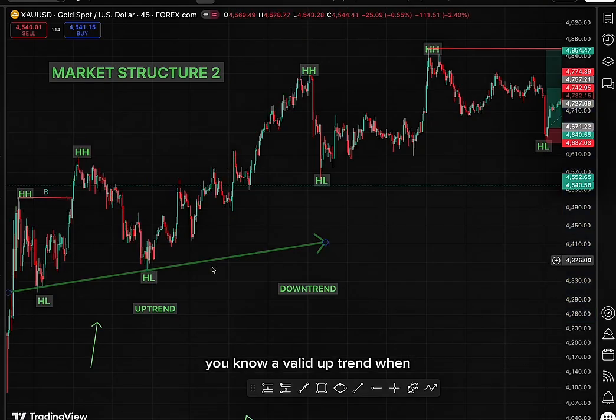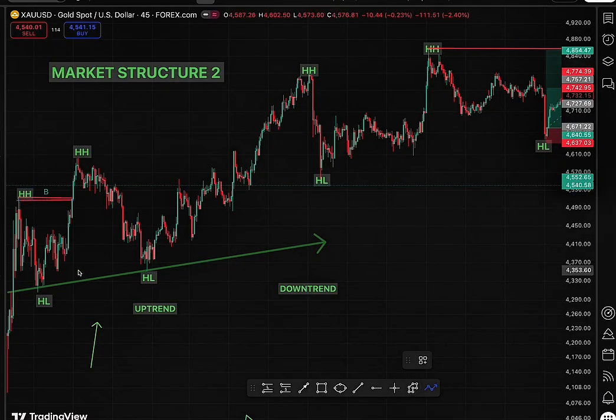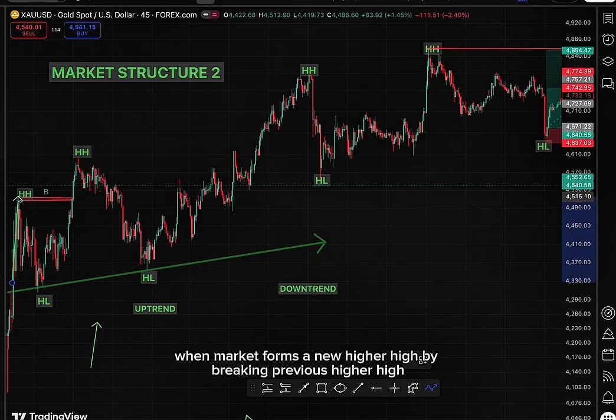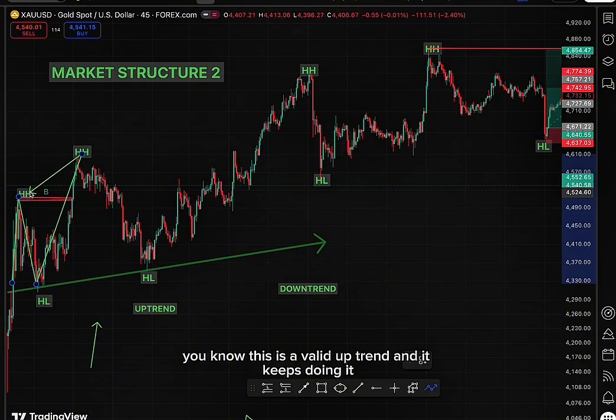You know a valid uptrend when the market forms a new higher high by breaking previous higher high. Let me repeat myself. When market forms a new higher high by breaking previous higher high, you know this is a valid uptrend, and it keeps doing it.